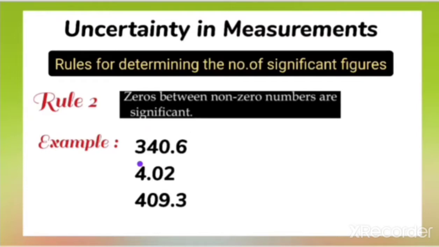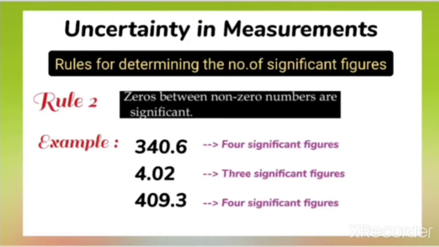This one is significant because it is non-zero, and this 0 is between the non-zero numbers 4 and 2, so we can take this also as significant. Keep the tick marks for the significant figures. And what about the 0? This 0 is also significant. So what is the total number here? 1, 2, 3, 4. 4 is the number of significant figures. So let us check the answers for these.